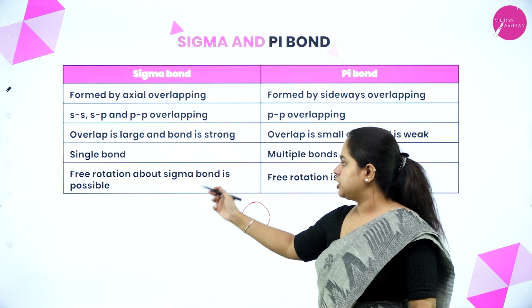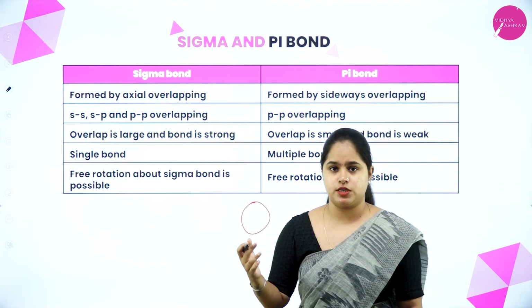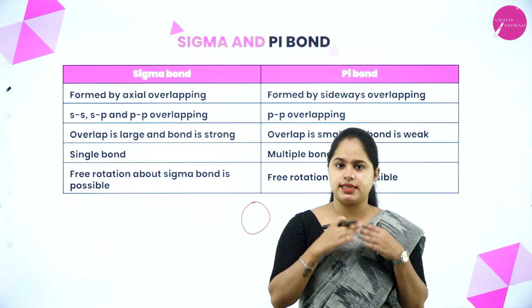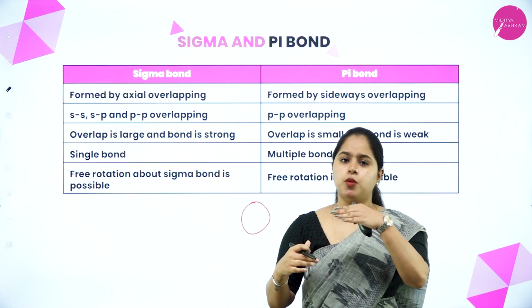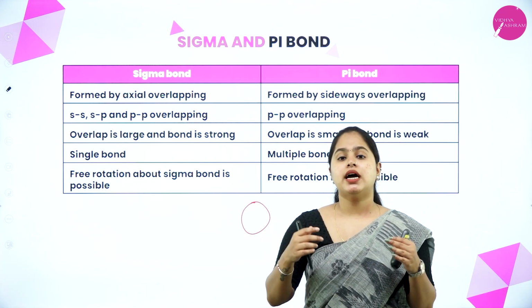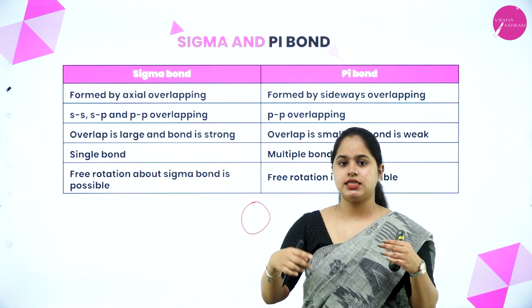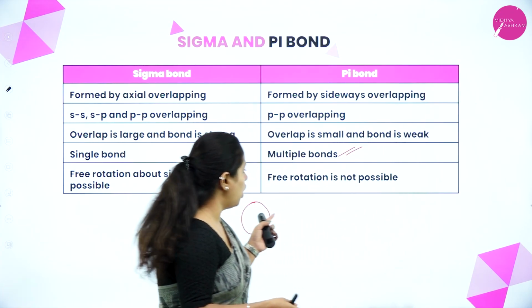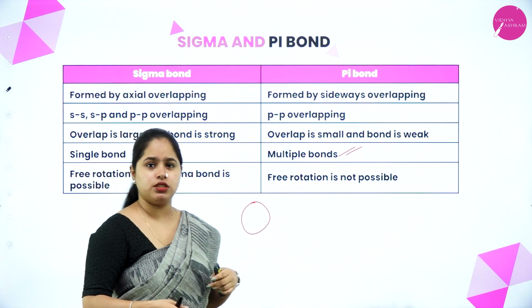As you can see, sigma bond means it is a single bond, so around the internuclear axis the rotation is easily possible. But in the case of pi bond, the free rotation is not possible.